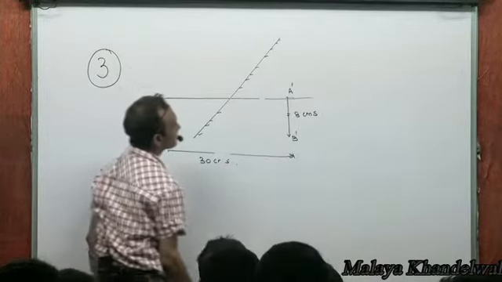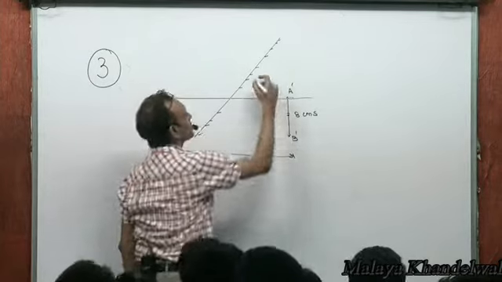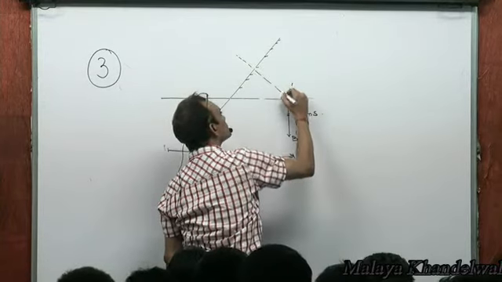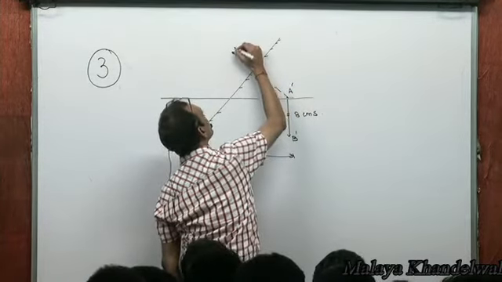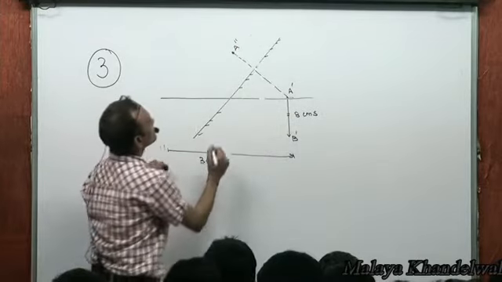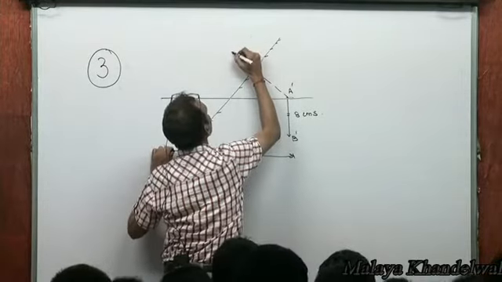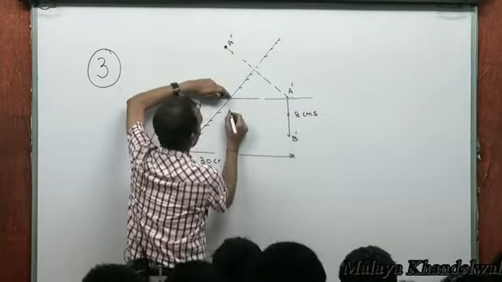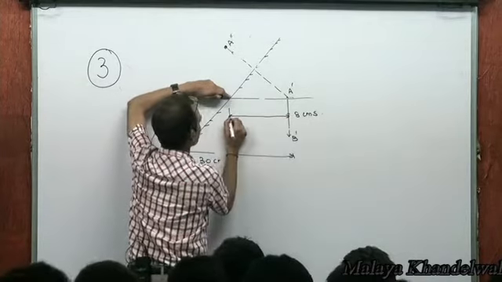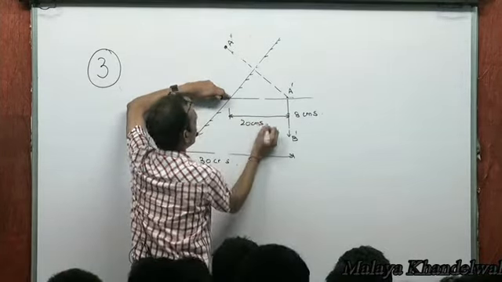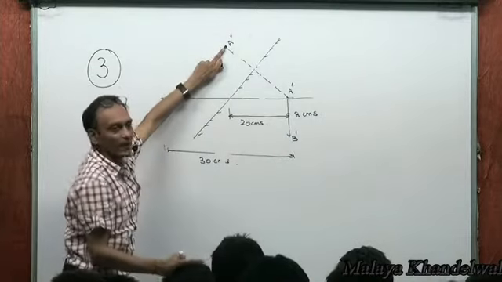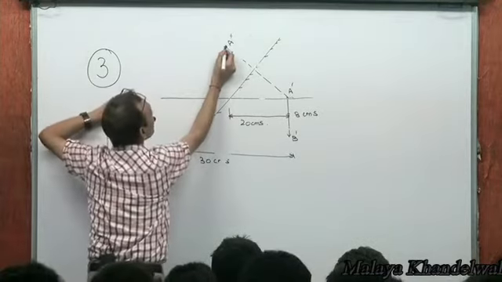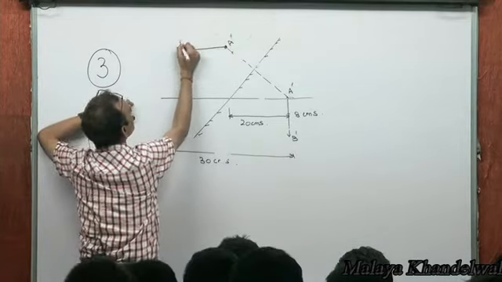And, say if this is the object A prime, realize its image on the plane mirror would be A double prime like this, such that object distance is equal to image distance, right? And this was 20 centimeters, right? The image of A prime would be A double prime, and since now the final image is horizontal, can I say that the final image must have been like this, B double prime this way?